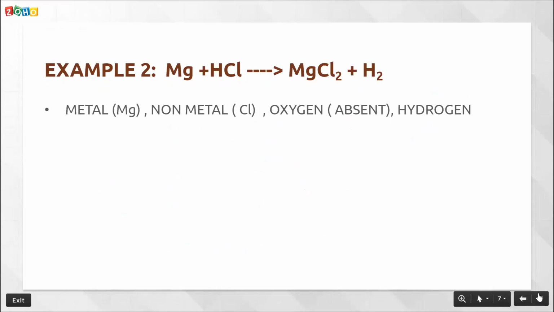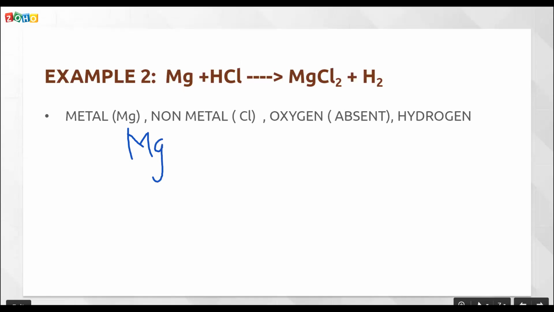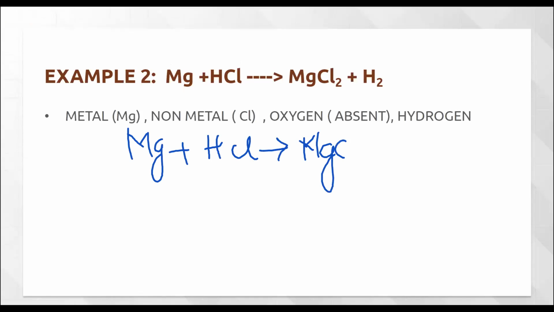In this the metal is magnesium, non-metal is chlorine, oxygen is absent, and hydrogen is present. So again we will rewrite this chemical equation, that is Mg plus HCl gives MgCl2 plus H2.